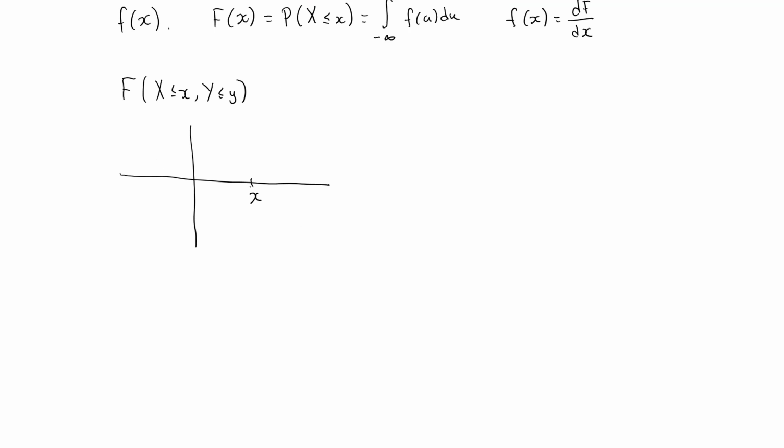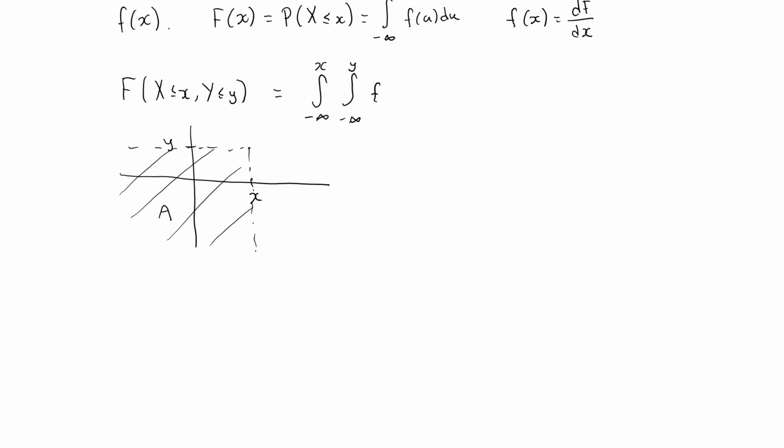If I have a small x here and a small y here, then X less than or equal to x, Y less than or equal to y is this particular event here, going to minus infinity both along the x and along the y-axis. So by definition, this is then the integral where u goes from minus infinity up to the number x, v goes from minus infinity up to the number y, and I need to integrate the joint PDF f.